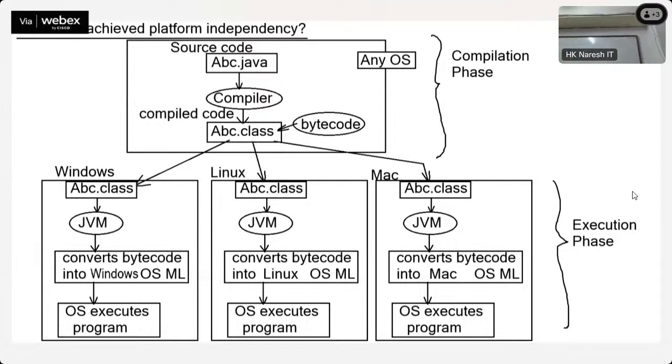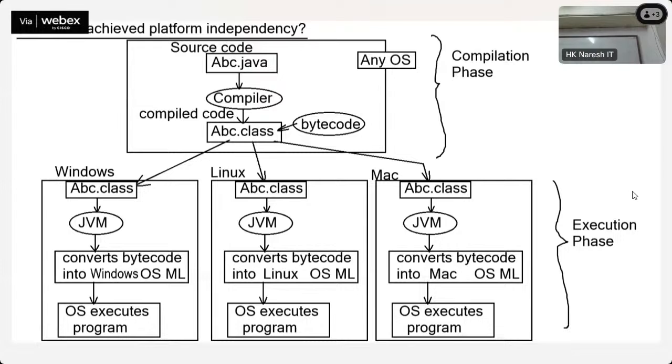Tell me, in C and C++ languages, machine language is generated in which phase? Compilation phase. In Java language, machine language is generated in compilation phase or execution phase? Execution phase. Why? The difference between C, C++ and Java: in C and C++, machine language is generated at the compilation phase.